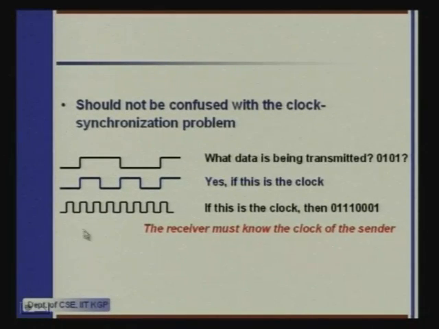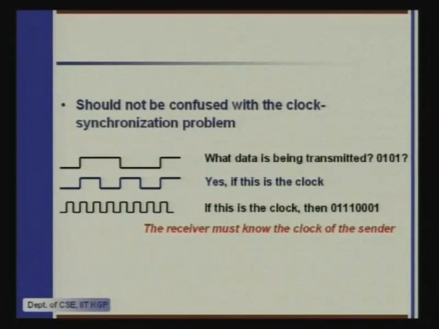That is sometimes done by transmitting the clock also along with the data signal. There, what we are trying to do is synchronize the two clocks on both sides in real time.